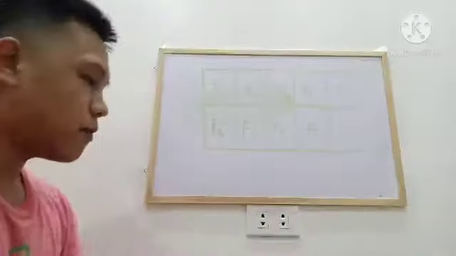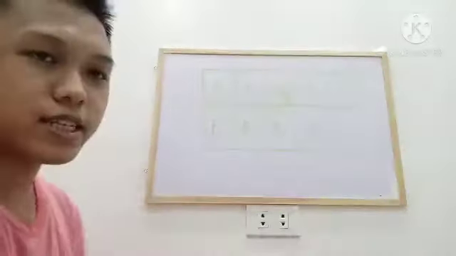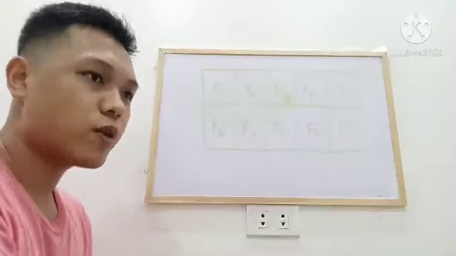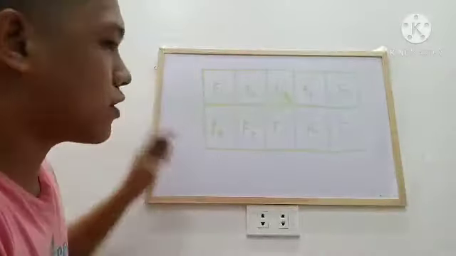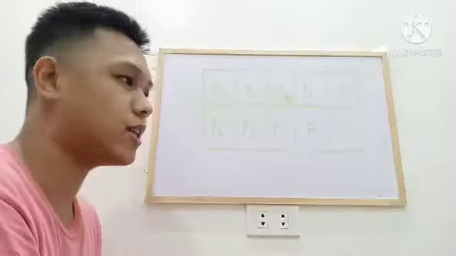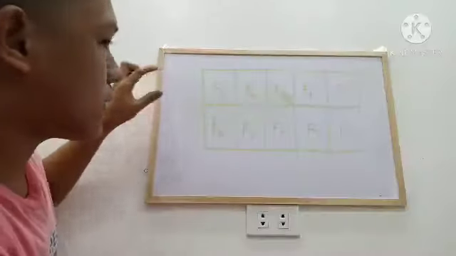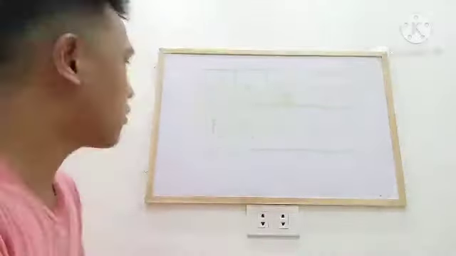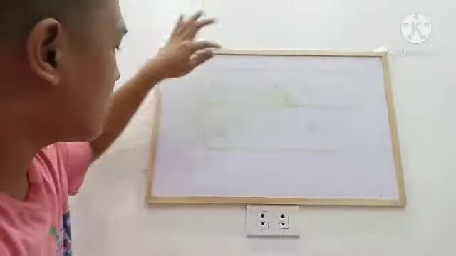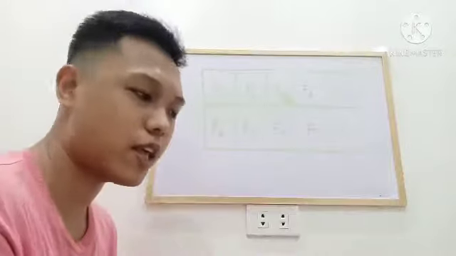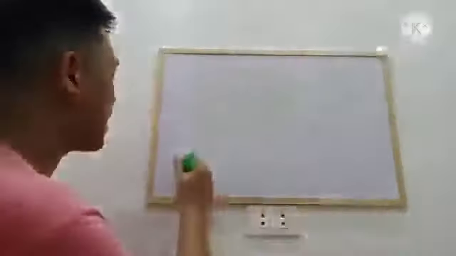Since I have already provided you the classification formula, we need to know first what are the fingers on the numerator and what are the fingers on the denominator. The fingers on the numerator are the even fingers of our hands. So finger number 2, 4, 6, 8, and 10 are the upper part of the classification formula.